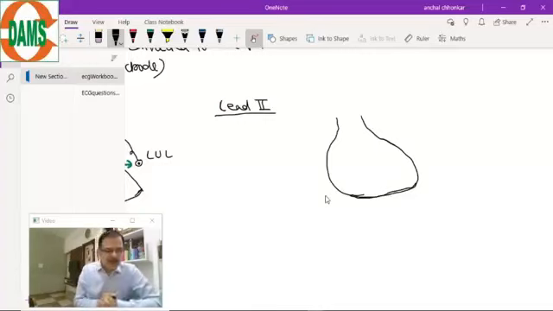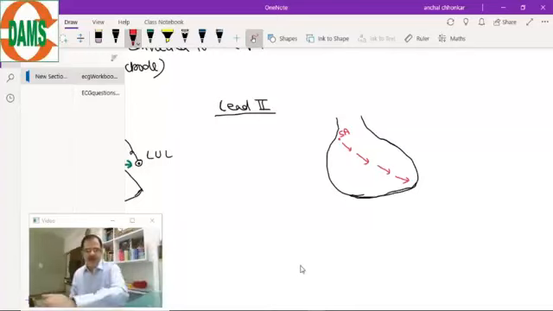This is a vertical position of the heart. Here the SA node is somewhere here. This is the normal direction of depolarization. Remember, the normal direction of depolarization is in this direction.